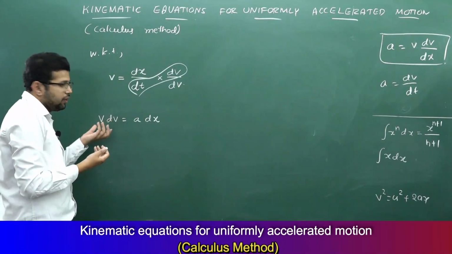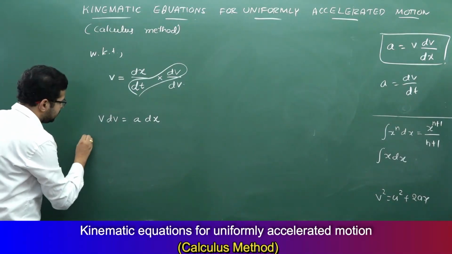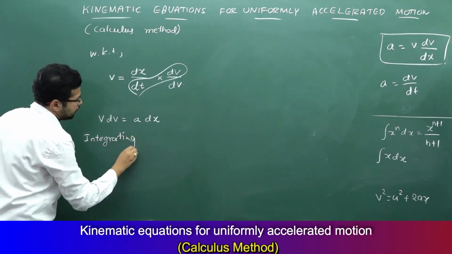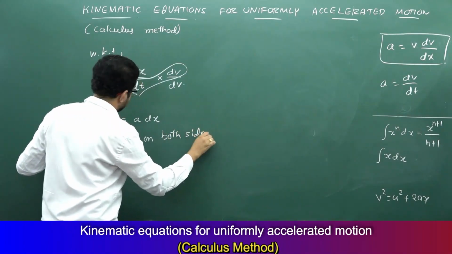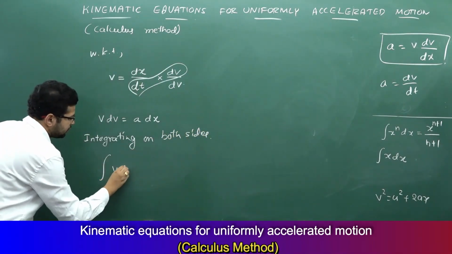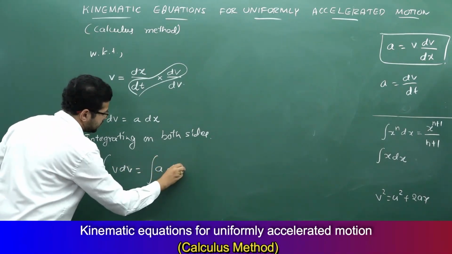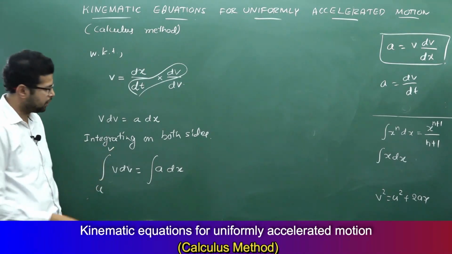Now, here I got v into dv. If I integrate v with respect to v, I will get v square. So, integrating on both sides, integration of v with respect to v is equal to integration of a with respect to x. Velocity changes from u to v: initial velocity is u, final velocity is v.